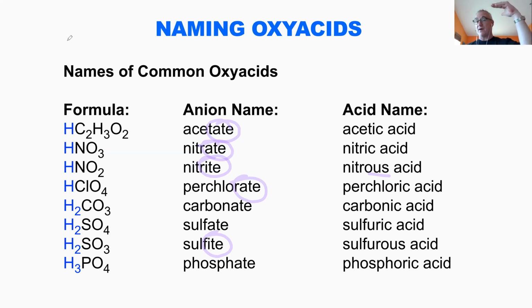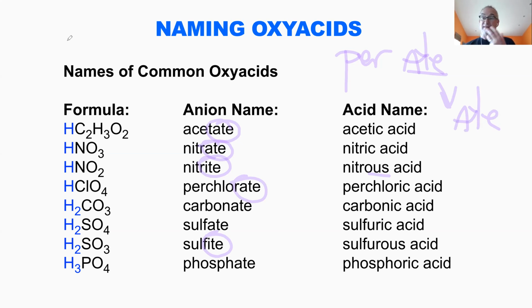The most number of oxygens you can have, we would say "per". That is the maximum: "per" and "ate". It's the maximum number of oxygens you can have in a polyatomic ion, if you can have 4 different ones. If you can't have 4 different ones, the next one down would be just "ate" by itself.